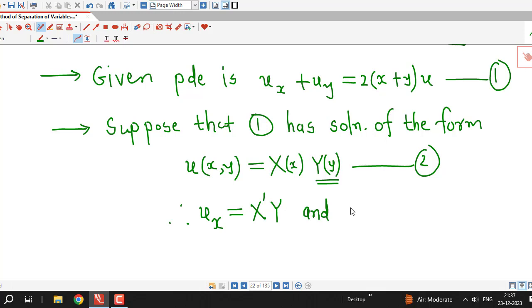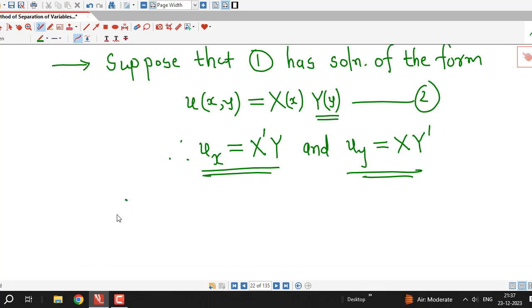And similarly, for del u by del y, we consider x as constant, and the derivative of capital Y with respect to small y is denoted by Y dash. And then we substitute these derivatives in equation number 1. So what will be equation 1 now?